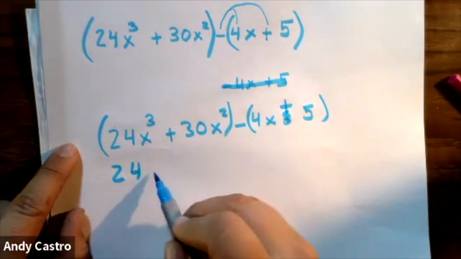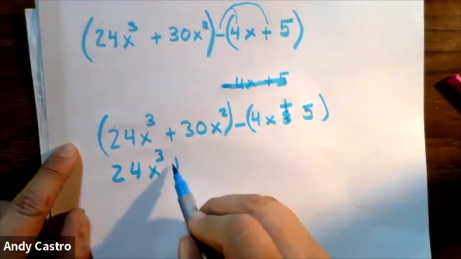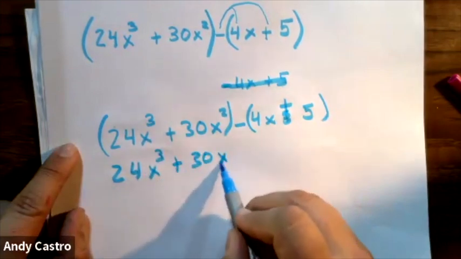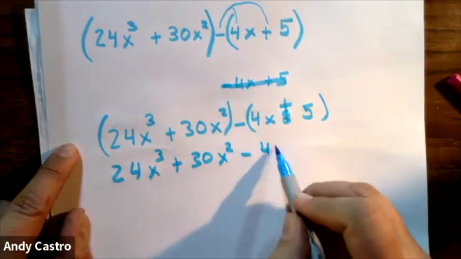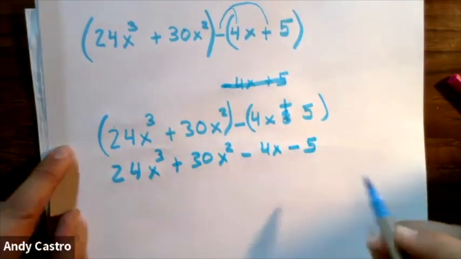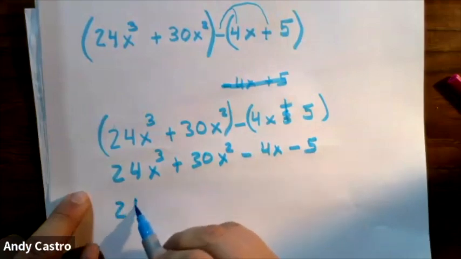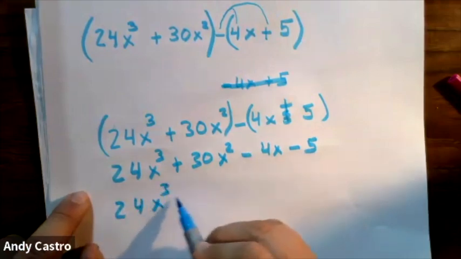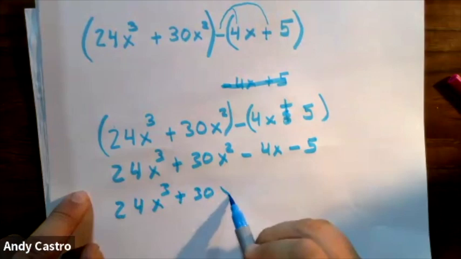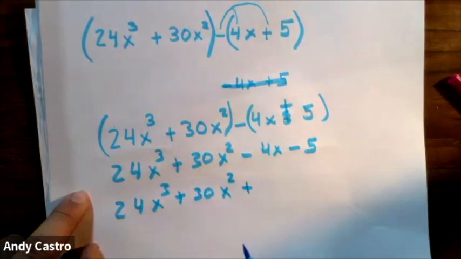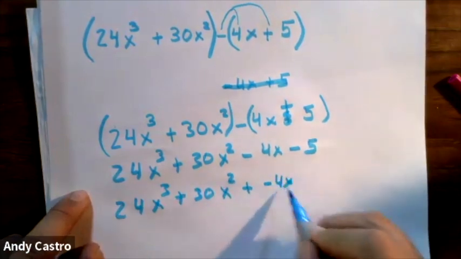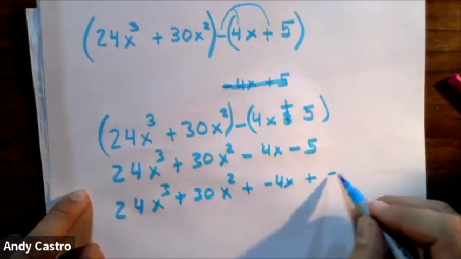So if I do 24x cubed plus 30x squared minus 4x minus 5, go ahead and turn those into positives. And the way that you do that is to say plus negative 4x plus negative 5.